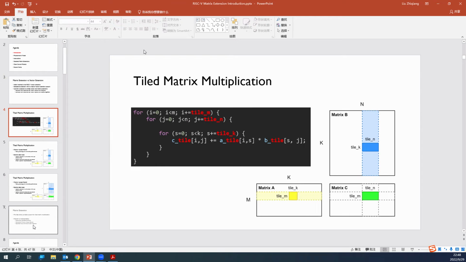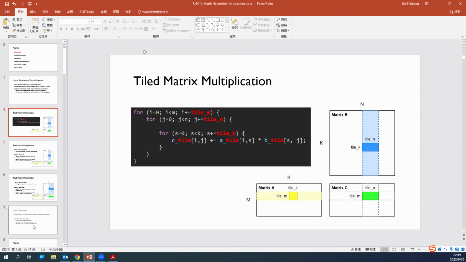Currently, we did not consider the context switch. We think the tile registers hold too many values, and the cost to save and restore is too large, so in our current circumstances we did not include context switch in this chapter.